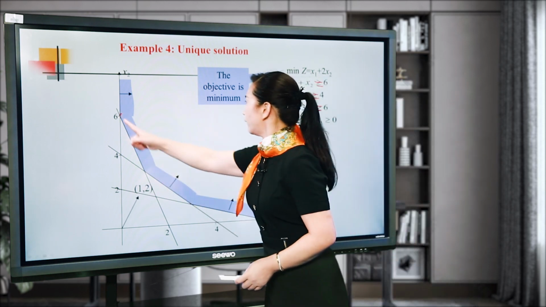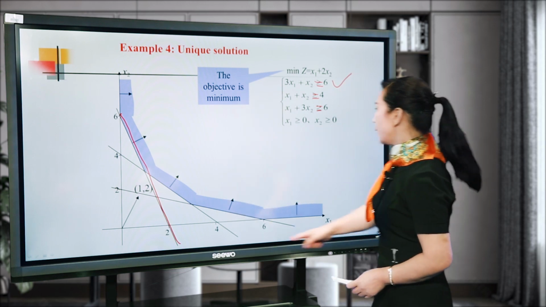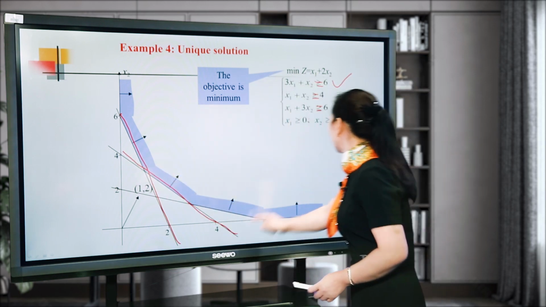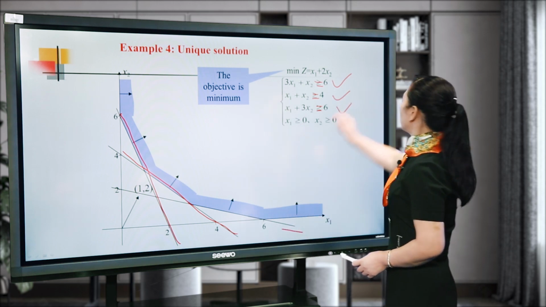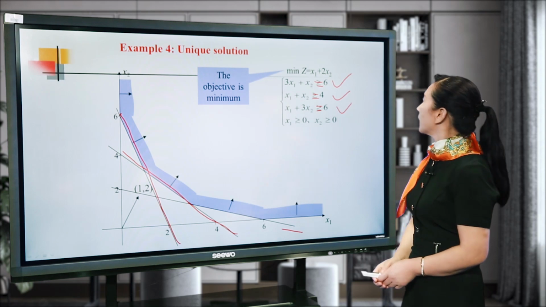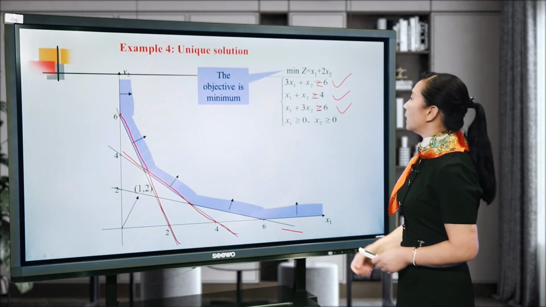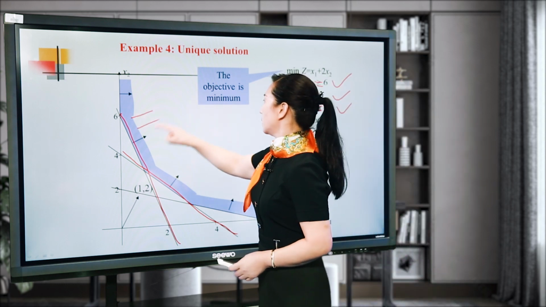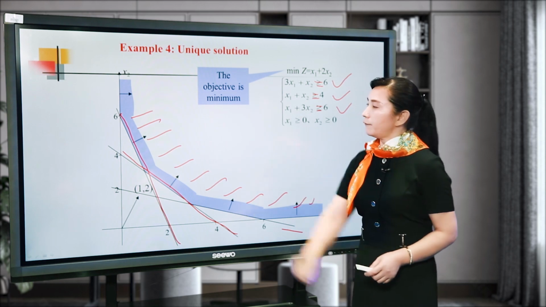This is the first constraint line, and the second line. This is the third constraint line. And we determine the greater-than side. So this is the feasible range.